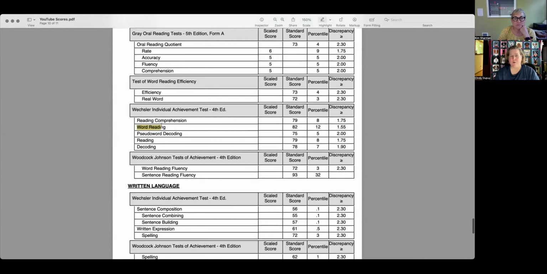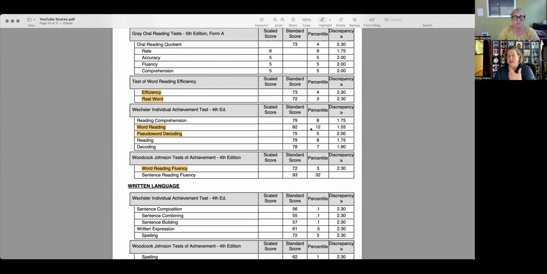So we've got the word reading here. We've got the pseudo word reading here. We've got the word reading fluency there. And then the test of word reading efficiency, all of those are word level tasks. Okay. So we've got those, we could create a category for those, and then we're looking for patterns in that.